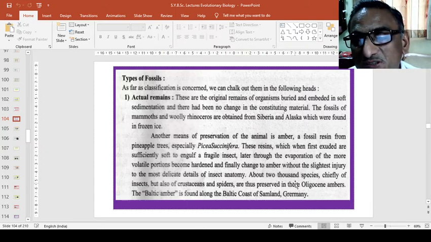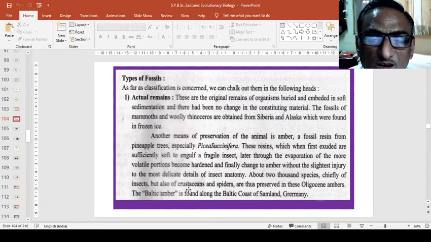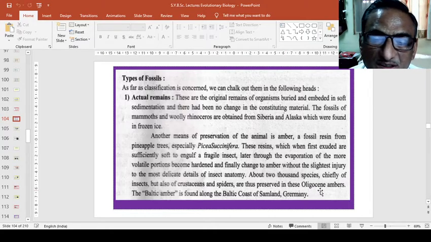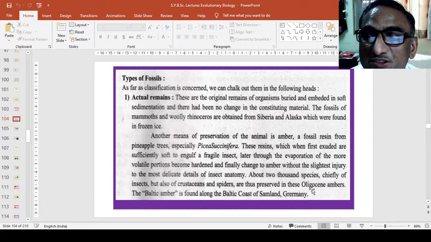About 2000 species, chiefly of insects but also of crustaceans and spiders, are thus preserved in these Oligocene ambers, meaning amber resins exuded in the Oligocene period.